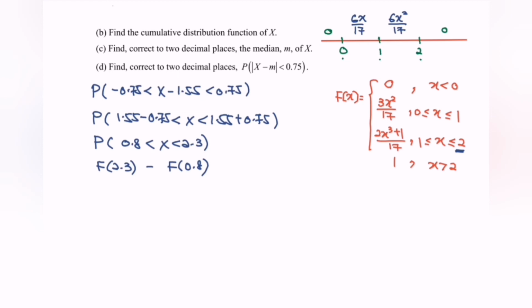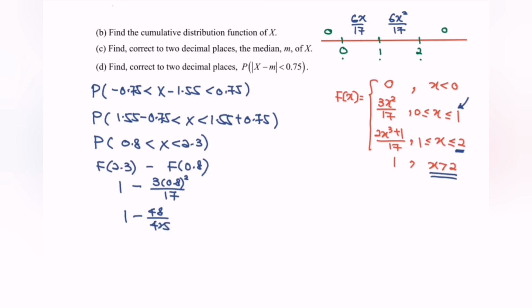So this means that for F of 2.3, we have to refer to x greater than 2, where we have 1, minus F of 0.8. So the 0.8 is located in the second function. So 3 multiplied by 0.8 squared over 17. So simplify the situation. 1 minus 48 over 425.